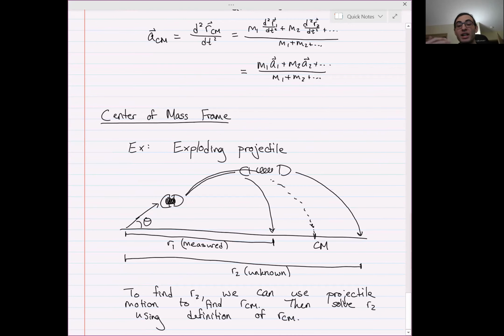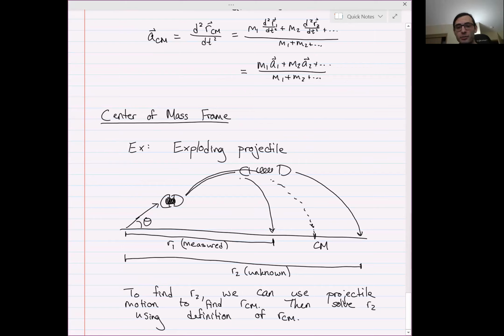And so this is a way that using this idea of center of mass can solve otherwise complicated problems, because otherwise you'd have to consider, okay, what force does each half experience during the separation event? No, you don't have to worry about that at all.